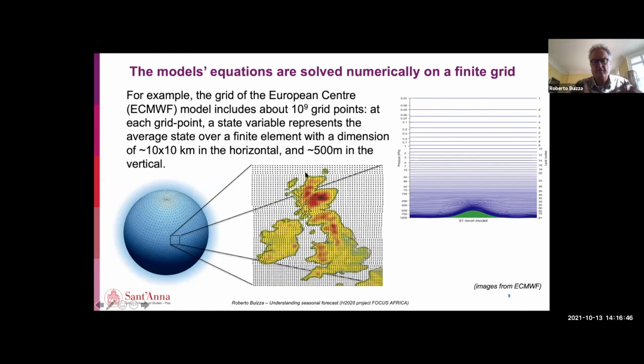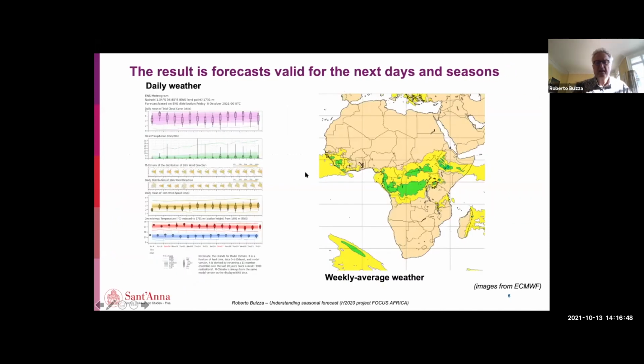Okay? Once forecasts are made for the next days, weeks, and months, forecast products are generated, like the ones that I'm showing. Here on the left, for example, you see the forecast that was issued on the 8th of October for Nairobi. So today is the 13th, and the forecast was predicting temperatures slightly above average, a little chance of some rain, 50%, 75% chance of rain, for example.